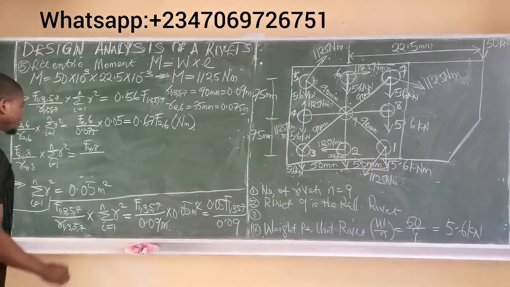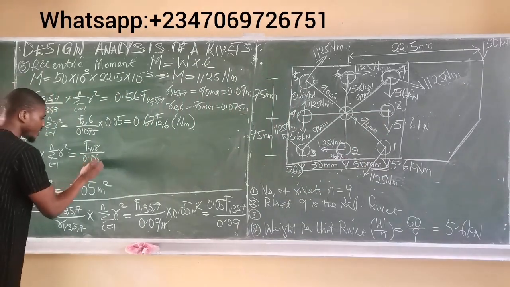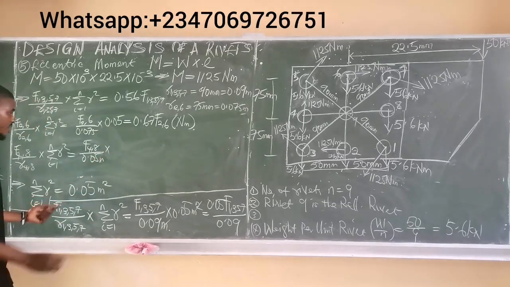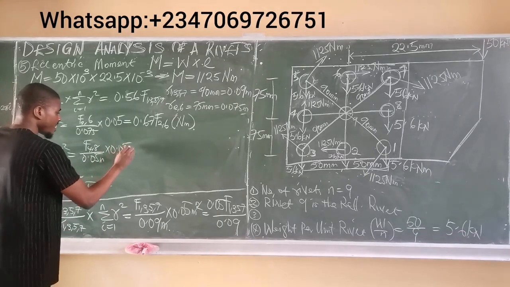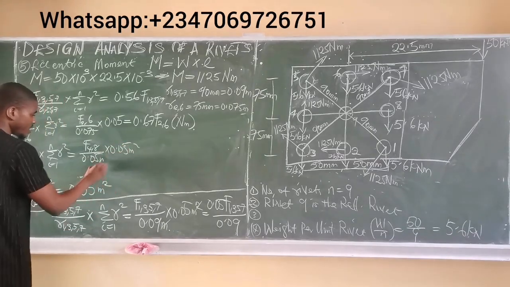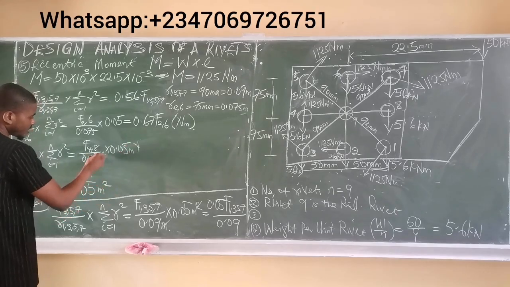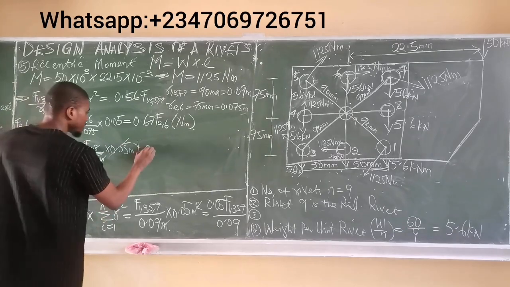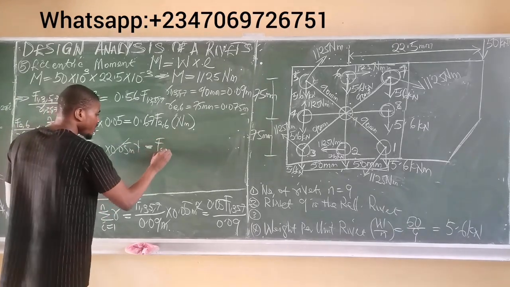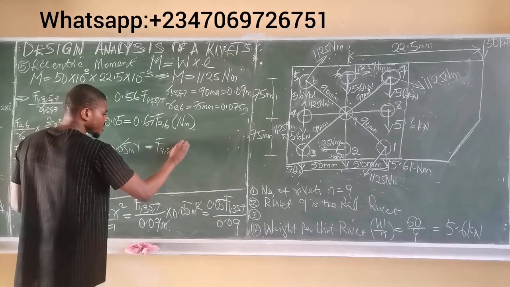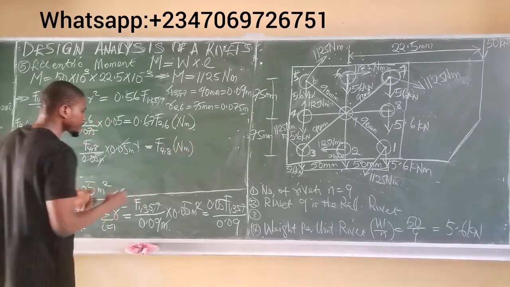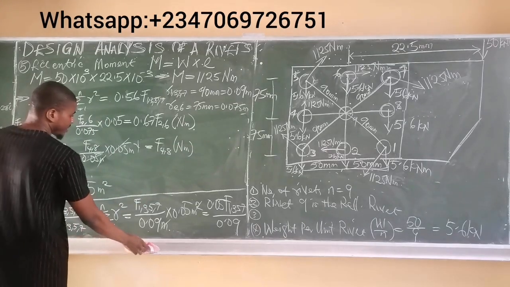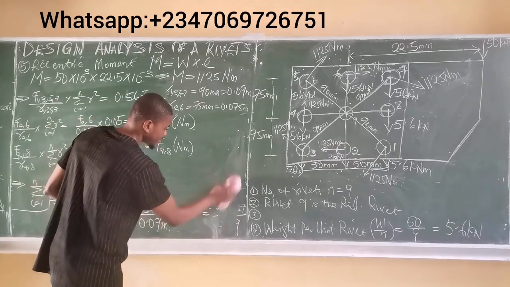Remember, we converted that earlier to 0.05 in meters, multiplied by this summation of total distances, which gave us 0.05 in meters squared. So meter cancels one of the meter, 0.05 cancels 0.05, and I'm left with F48. So this is simply equal to F48 in Newton meters.